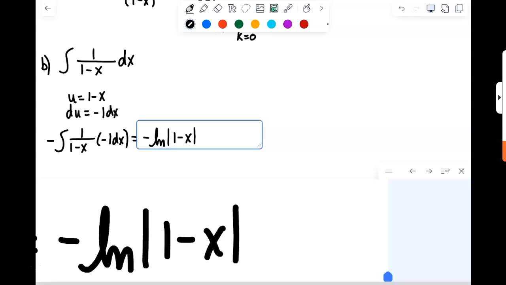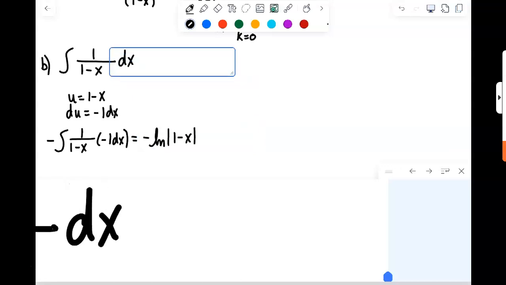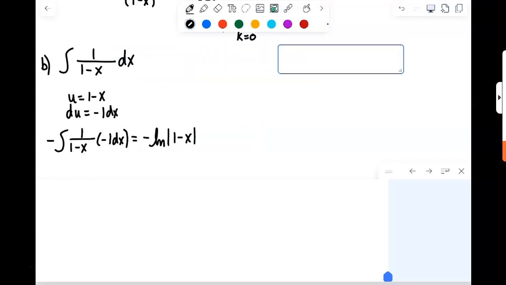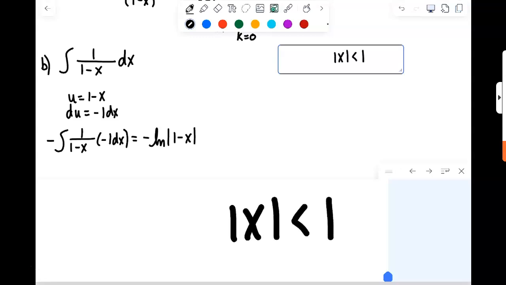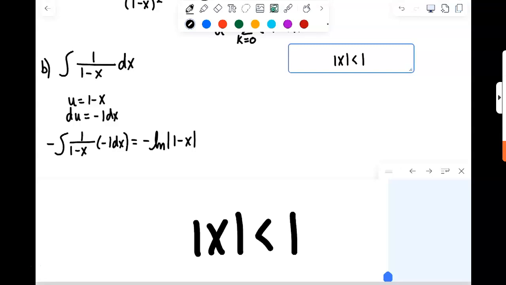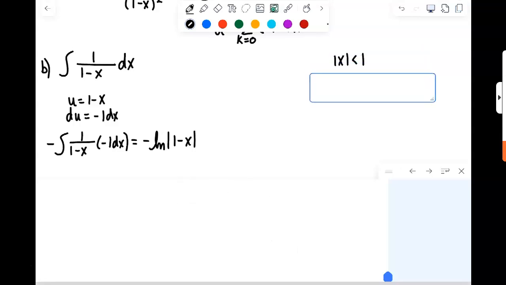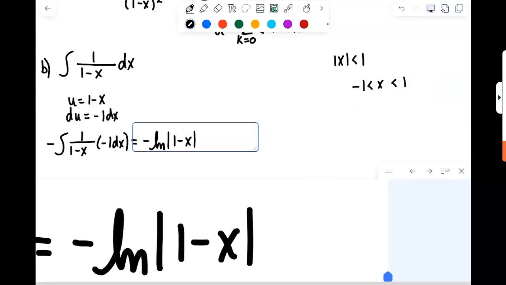And now the original interval of convergence was absolute value of x less than 1. If absolute value of x is less than 1, that means that x is between 1 and minus 1.